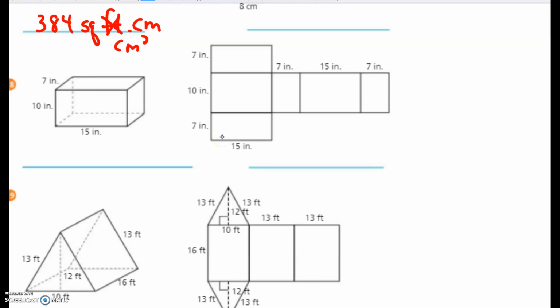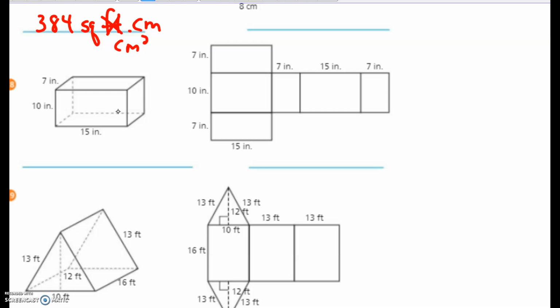Now we have another rectangular prism, 3D figure, and this is what it would look like if you unfolded it. It's really a box, right? And this box looks like not all the sides, all the rectangles along the sides are the same length. These two are going to be the same, but the rectangles along the other way are not the same. So here's our net, and we're going to figure out what the area would be for each shape.